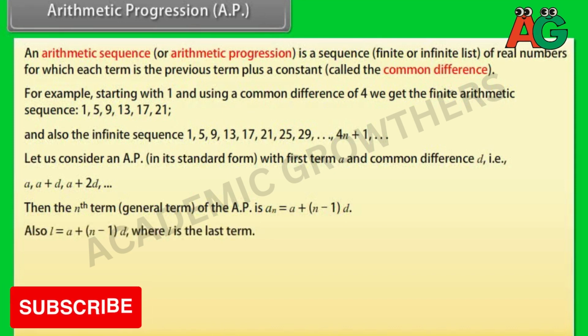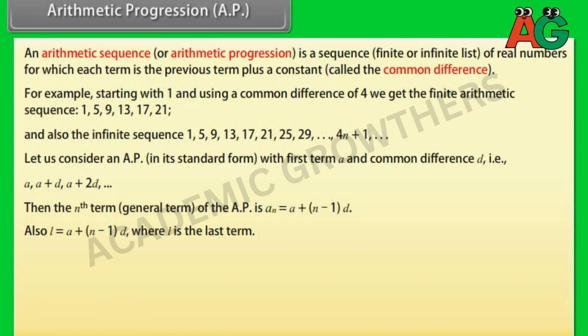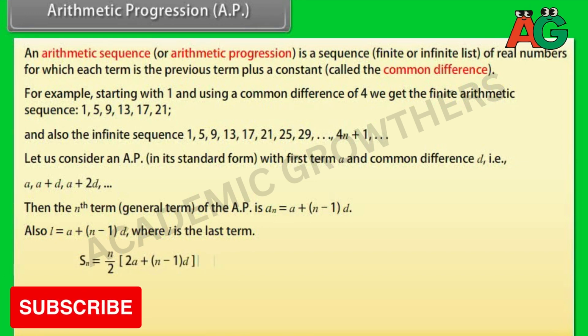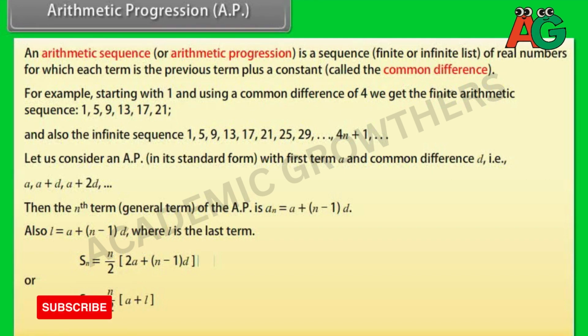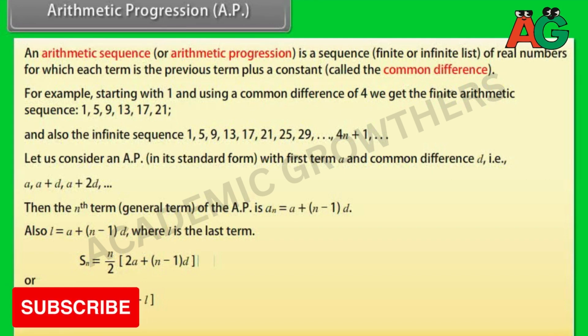Also, l = a + (n - 1)d, where l is the last term. Also, Sn = n/2 [2a + (n - 1)d], or Sn = n/2 (a + l), where Sn is the sum to n terms of AP.